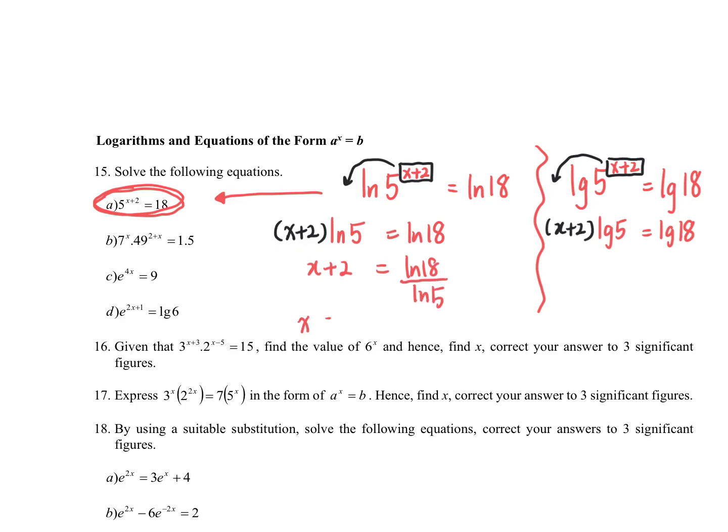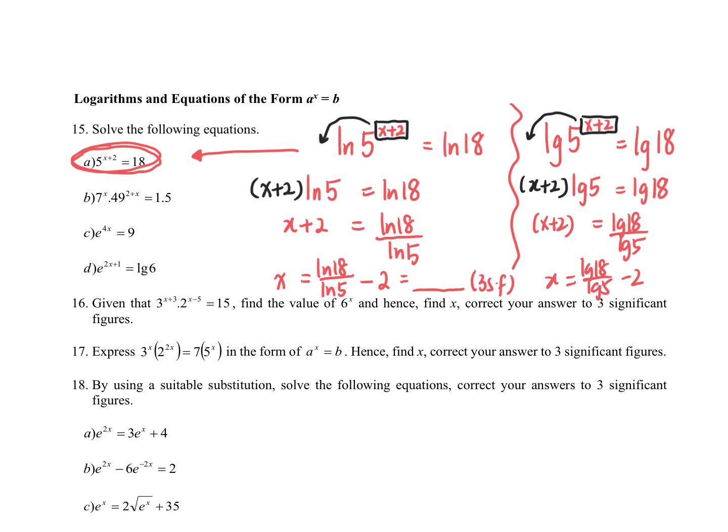So x is just this whole thing minus the 2. Then you give me your answer in 3SF. Same thing here, the log 5 is just a number. So to solve for x, this entire answer, just subtract 2. Give me 3SF. Either one will give you the same answer.